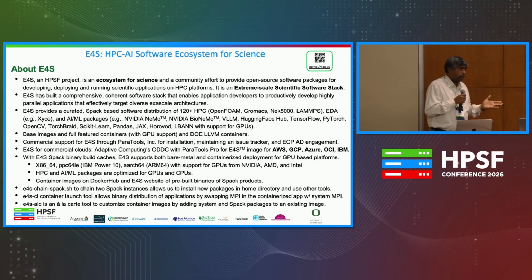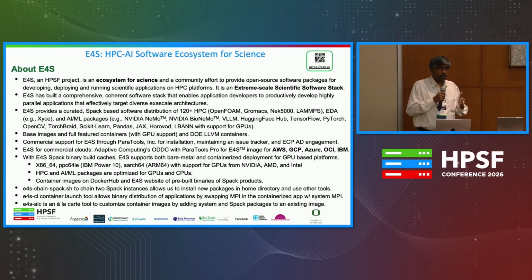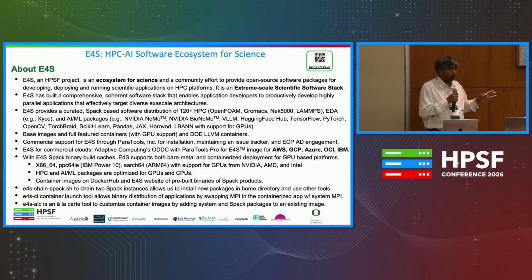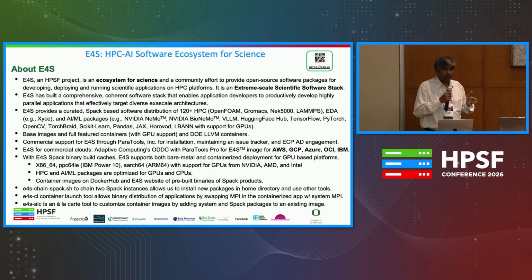We have base containers, full-featured containers, containers with vendor runtimes, and we have images that run on 5 different cloud providers, including AWS, Google, Azure, Oracle, and IBM Cloud. And we have Spack binary caches, which can simplify the deployment of the packages for you.